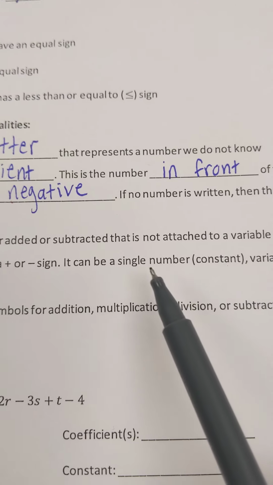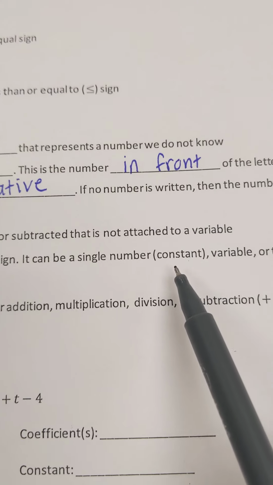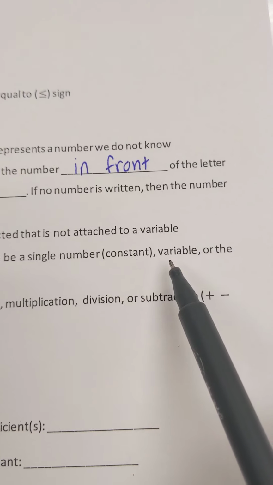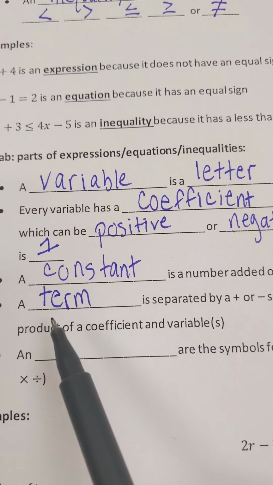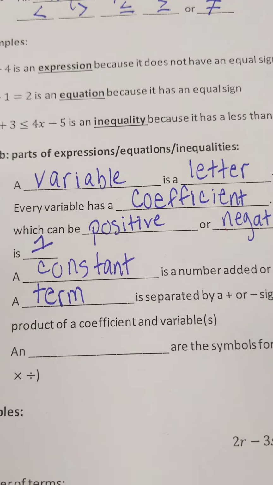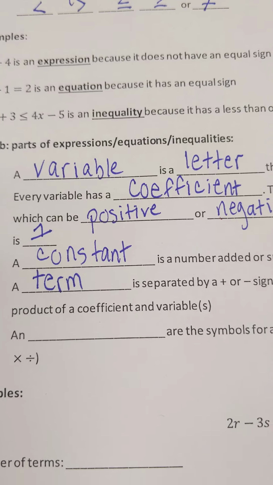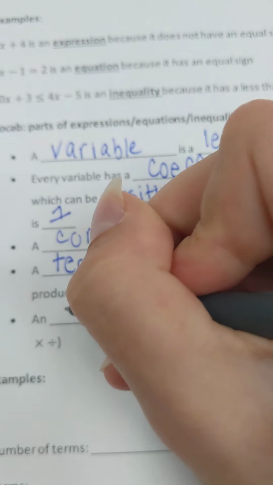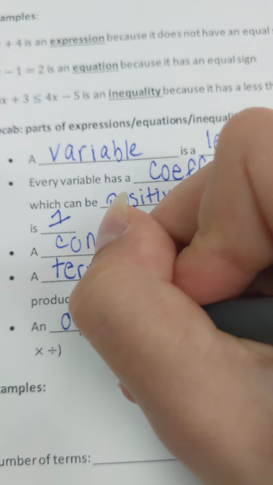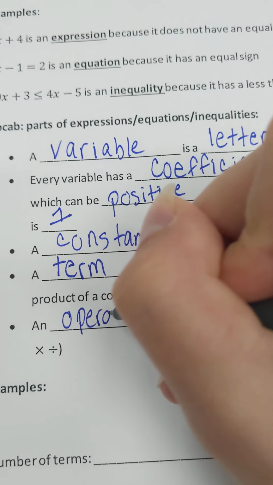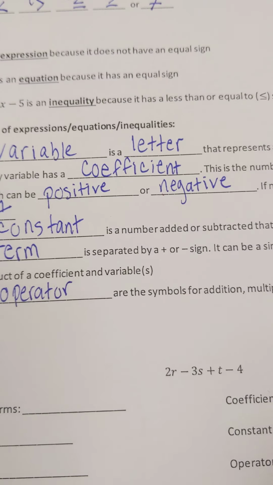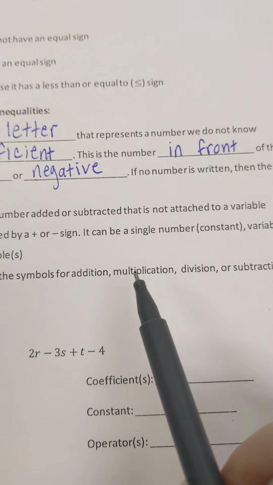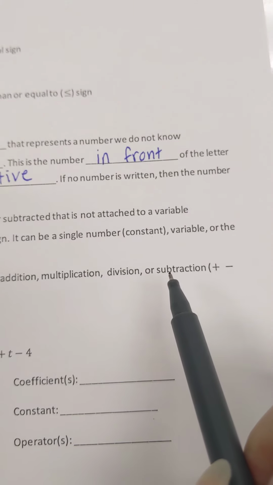A term can be a single number, which is our constant. It could be just a variable, or it could be the product, which remember means multiplying, of a coefficient and a variable. And the last one is an operator. An operator. Those are our symbols for addition, multiplication, division, or subtraction.